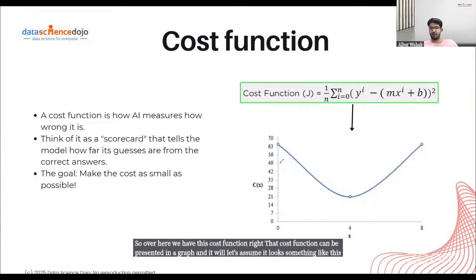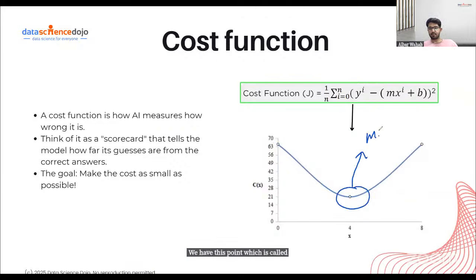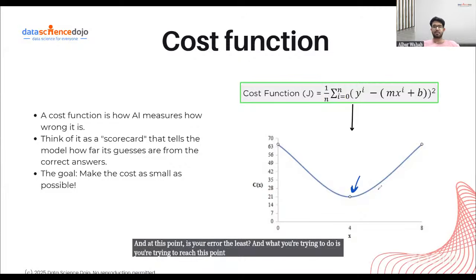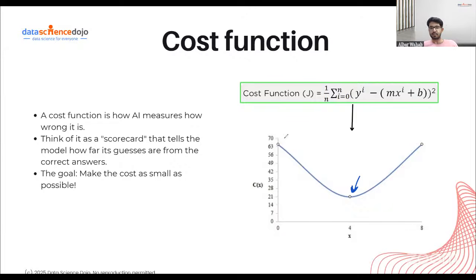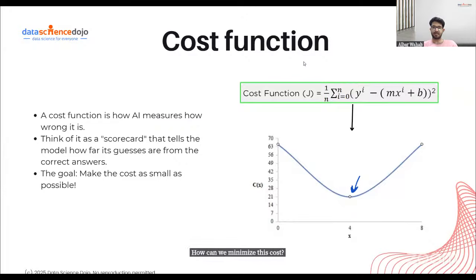Now, in this cost function, we have this point, which is called the minima. At this point, your error is the least. And what you're trying to do is reach this point. You want to minimize your error as much as possible. In your model, there is going to be some error, and you want to figure out how we can reach this point, how we can minimize this cost function.